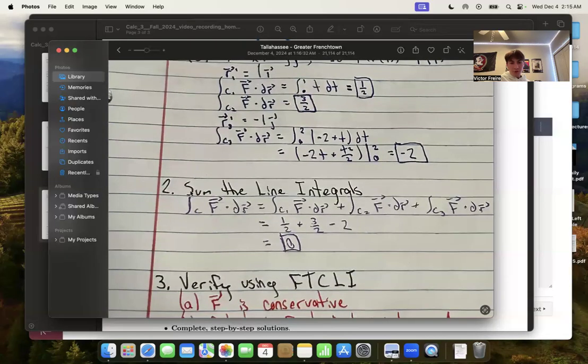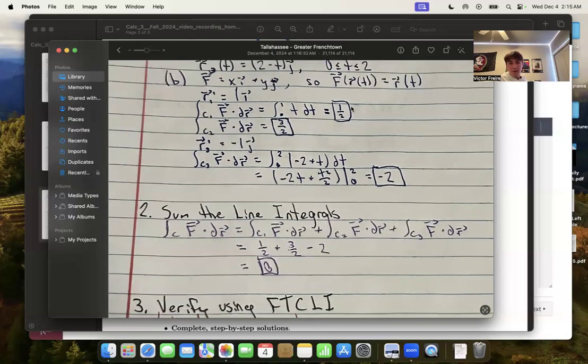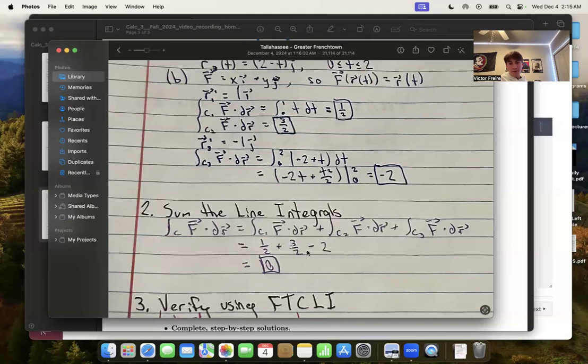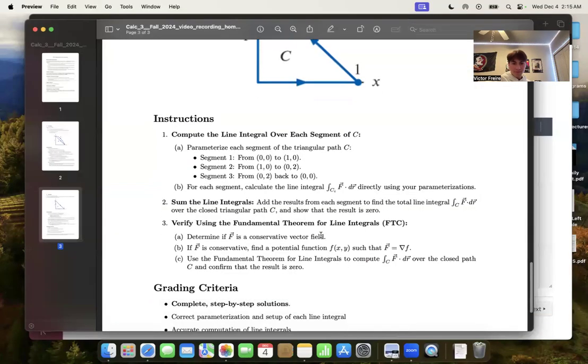So the total line integral along this curve C is going to be the line integral of line segment 1 plus the line integral of segment 2 plus the line integral of segment 3. When we add those three up, we get 1/2 plus 3/2 plus -2, and we do in fact get 0 as the problem suggests.